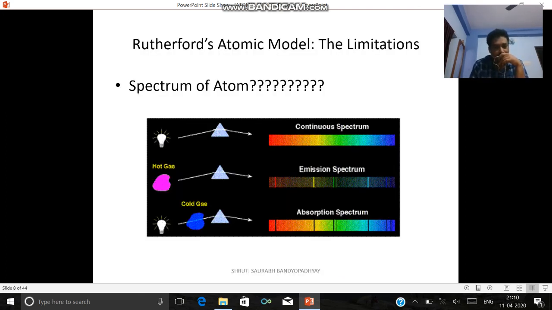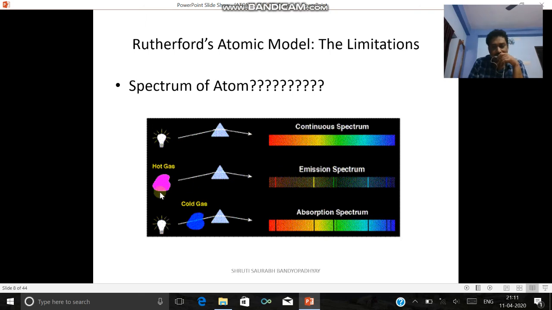Light coming out from heat excited solid or liquid elements, like this one, the tungsten filament, produces a continuous spectrum in the spectroscope. But light from hot gaseous elements, or light after passing through cold gaseous elements, gives a discontinuous spectrum.